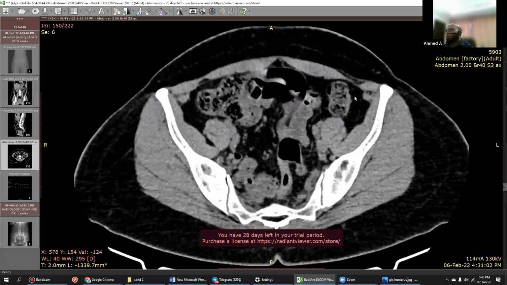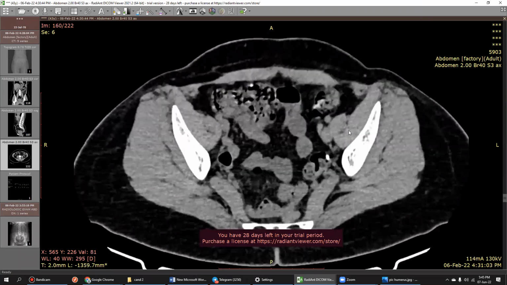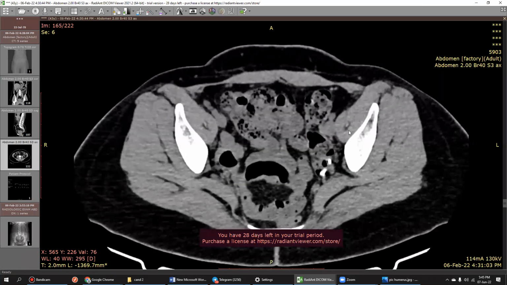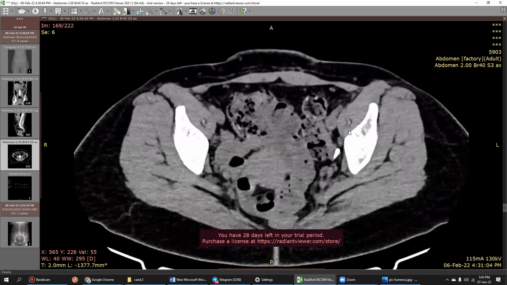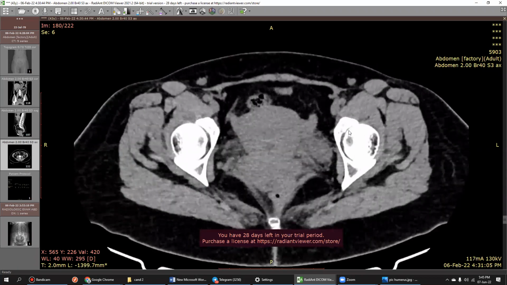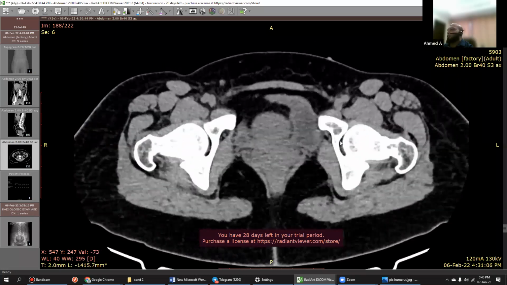Go through all the sequences. I'm not able to appreciate any fat stranding in this region. No problem. I'll quickly just.